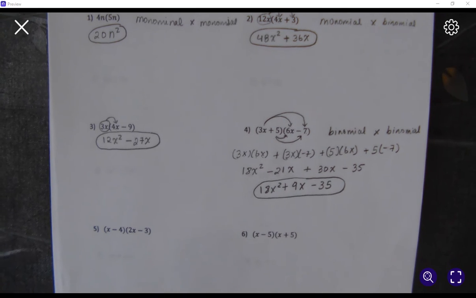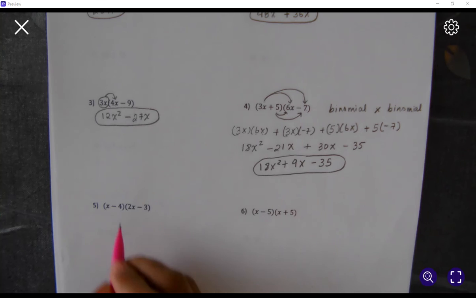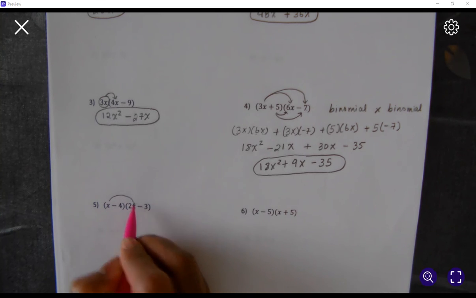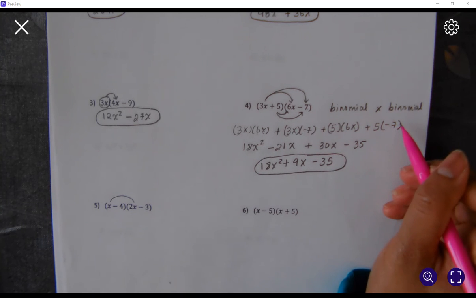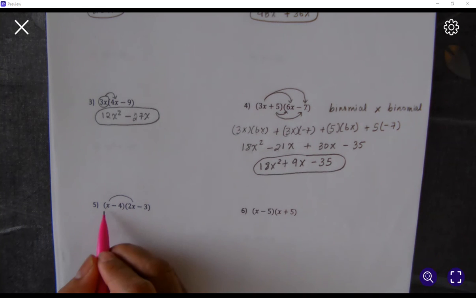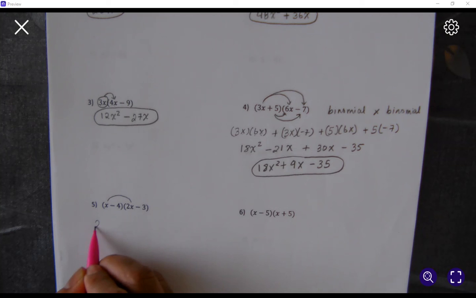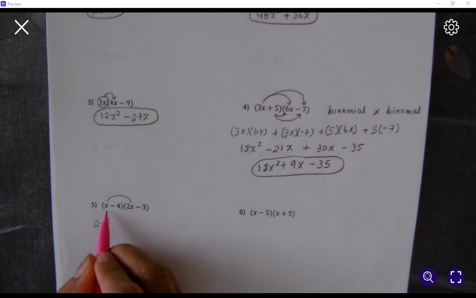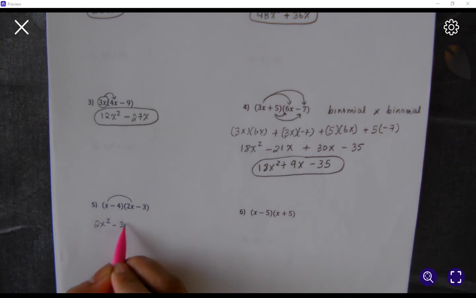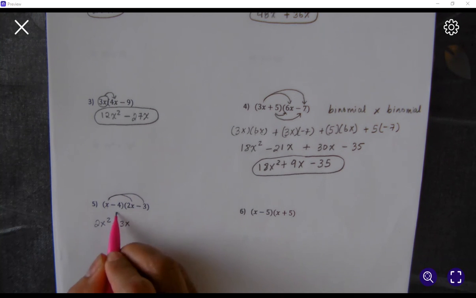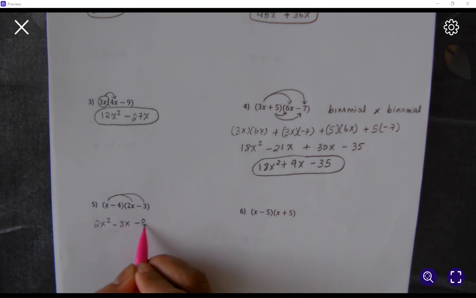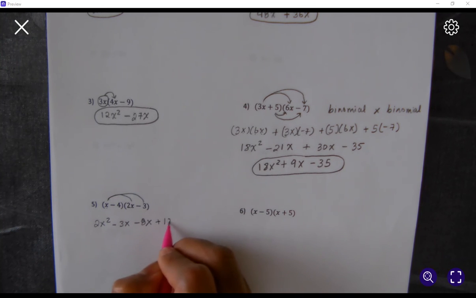Here are two more examples. So you have x times 2x. I'm going to skip the step where I write everything out and just multiply it out here. So x times 2x is 2x squared. x times negative 3 is negative 3x. Then negative 4 times 2x is negative 8x. Negative 4 times negative 3 is positive 12.